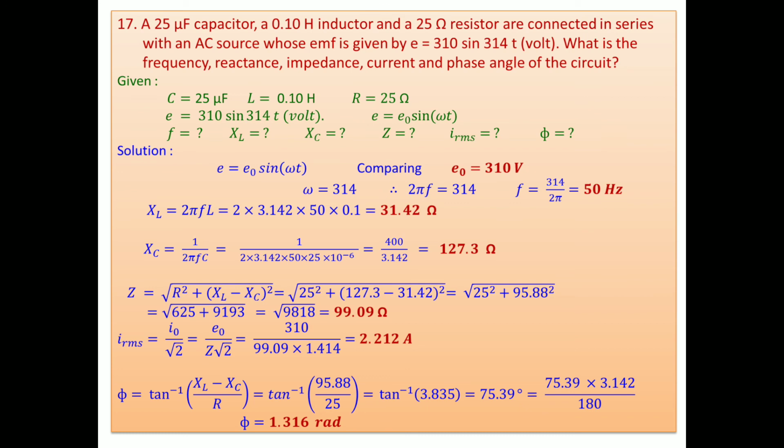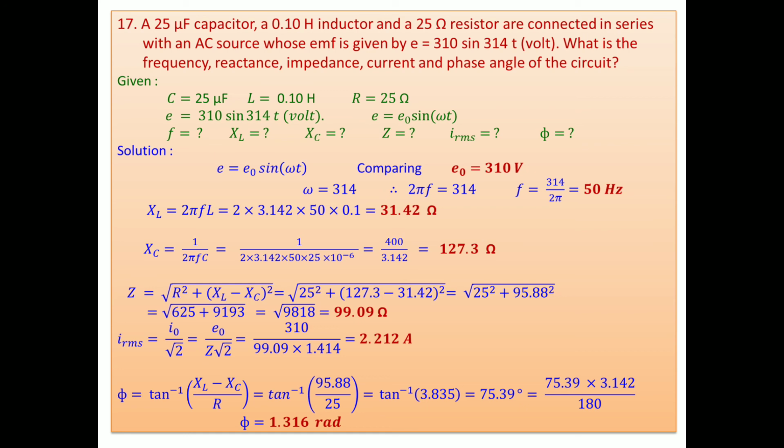That is 25 square plus 95.88 square. 25 square is 625, and 95.88 square is 9193. Thereafter 9818 is there, and after calculation, taking the square root, 99.09. Quite a difficult numerical as far as calculations are concerned.